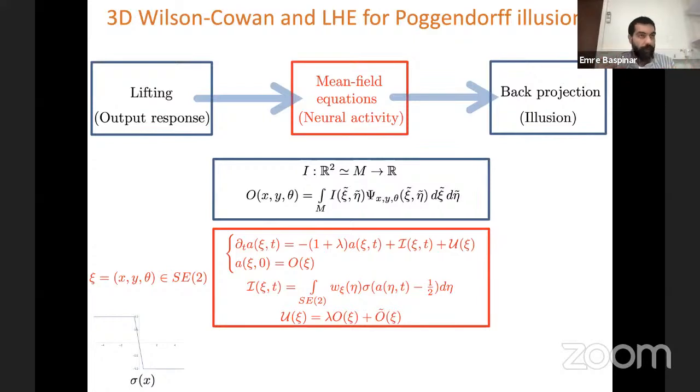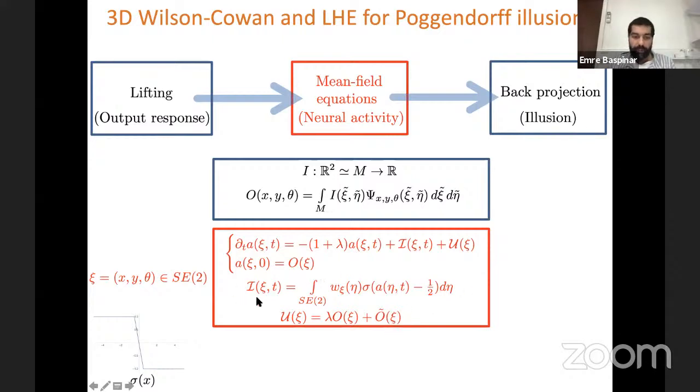I mean, when we focus on a region which is surrounded by rather bright pixels, we perceive the region which we focus on as brighter than it actually is. And if the pixels surrounding this region are darker, then we perceive it as darker than it actually is. And this contrast effect of the surrounding pixels was taken into account via this second term, tilde O.